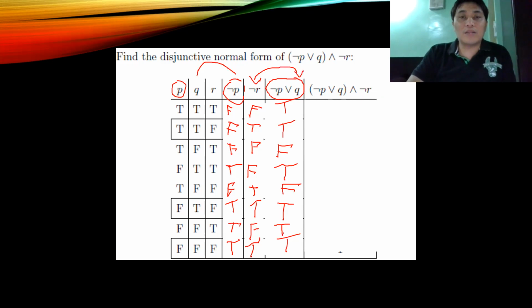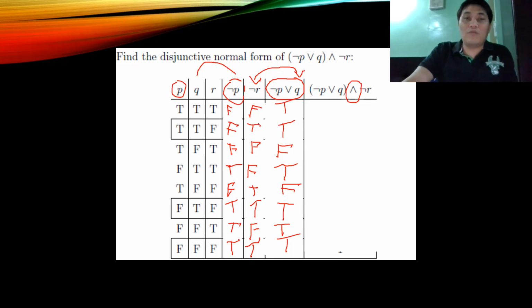We will solve this problem in these two columns. If both statements are true, then our statement is true, and if one of the statements is false, then our statement is false.